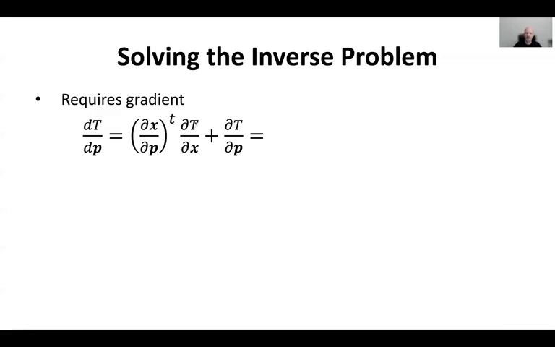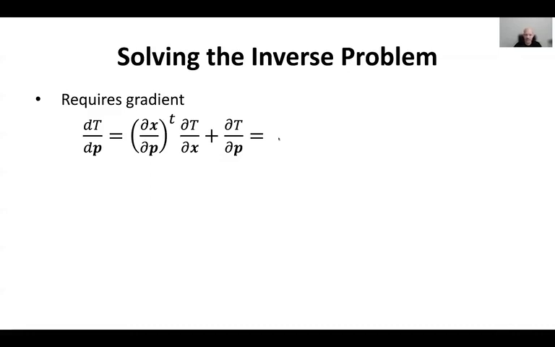Once just the gradient of T with respect to x, in our case, that's very simple because the objective is quadratic in x, times the simulation derivative dx dp. And then we also have the direct partial derivatives of the objective function T with respect to p, which in our case would just be the derivative of the regularizer.